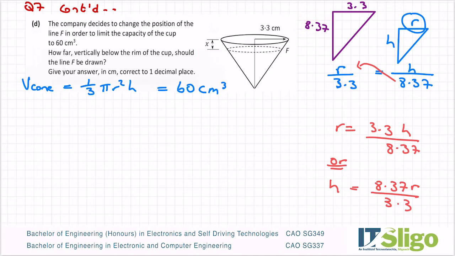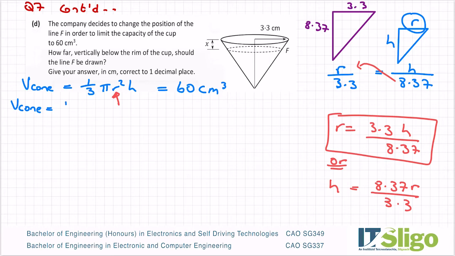If the question had asked me about the radius of the new dimensions, how much water is going to be in it, then I'd care more about r. Okay, so I care more about h. So in that case, I'm going to leave h in the formula and solve for h, and sub in for the r squareds. Okay, so I'm going to use this version here. I hope my rationale there made sense. It's only because of what the question asked for.